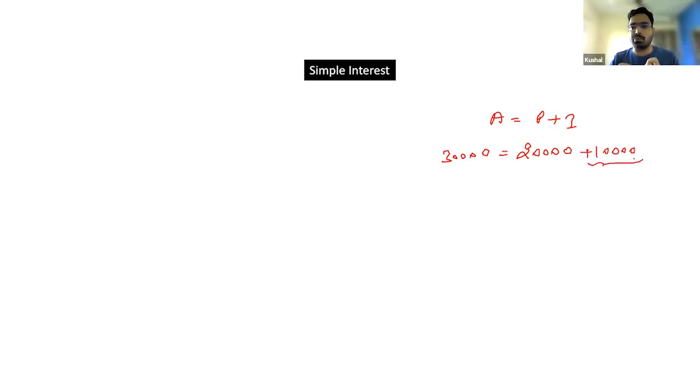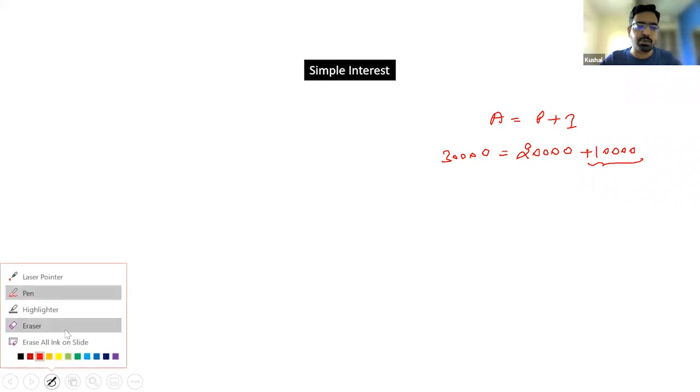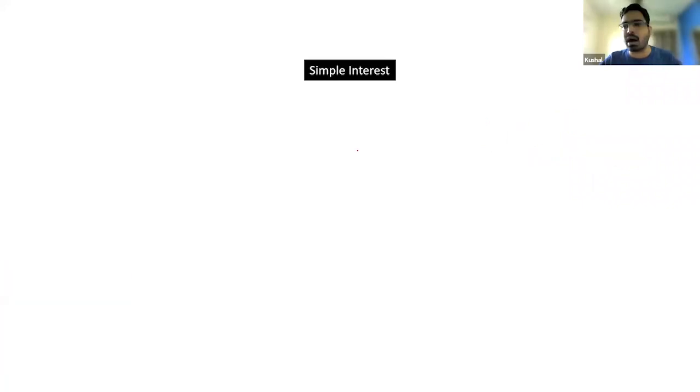That is the benefit you are talking about. So that interest is what we will be dealing with, and there are different ways in which you calculate this interest. That is why we have simple interest and compound interest. Going forward, we will try to understand the logic of this. Let's understand how simple interest is different from compound interest.